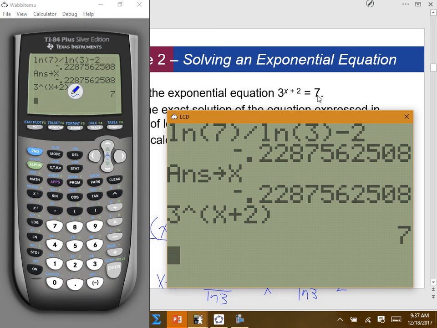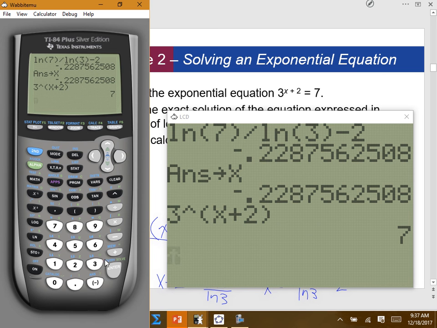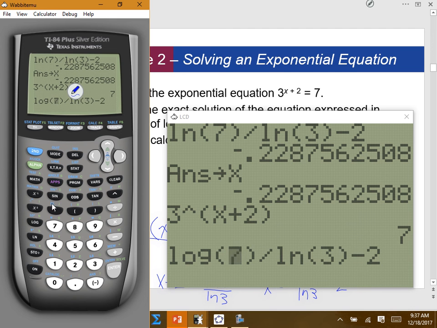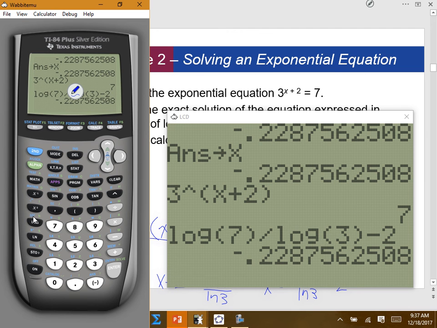Okay. Just wanted to show you that ultimately it does not matter what logarithm you use. Because if I would have used instead of ln, let's just say I used log base 10 of 7 over log base 10 of 3, do I still get the same negative 0.228 number?